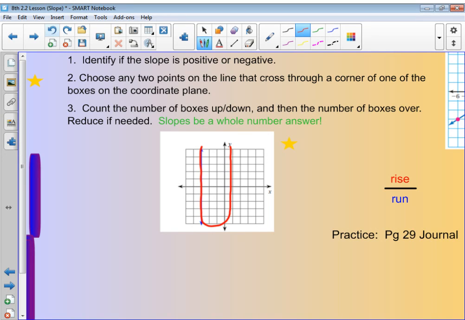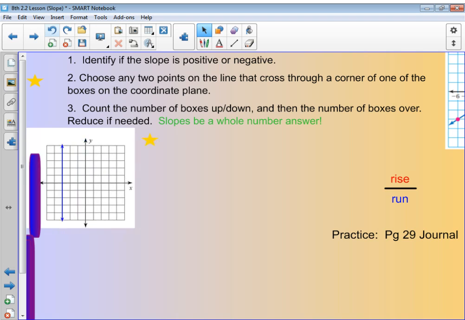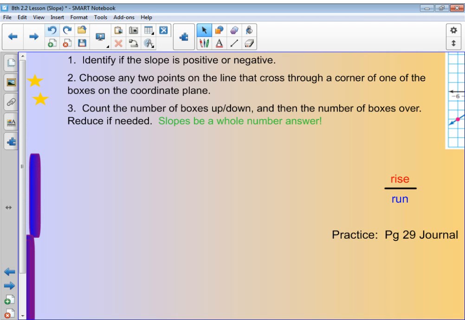I just remember that I could make a U out of that or a no slope out of that. So undefined or no slope could also be used. And you won't come across these very often, but every now and then you may come across it maybe on an assessment or a worksheet or something like that.